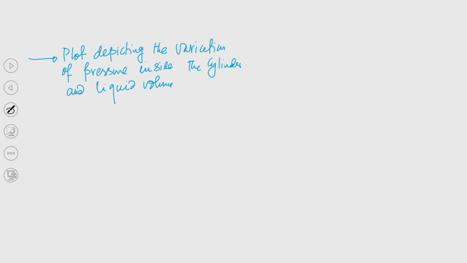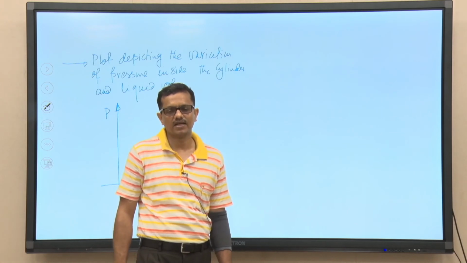Let us try to draw it in the PV plane. What we are trying to understand now is the variation of pressure inside the cylinder versus the volume of liquid that will be handled by the pump.